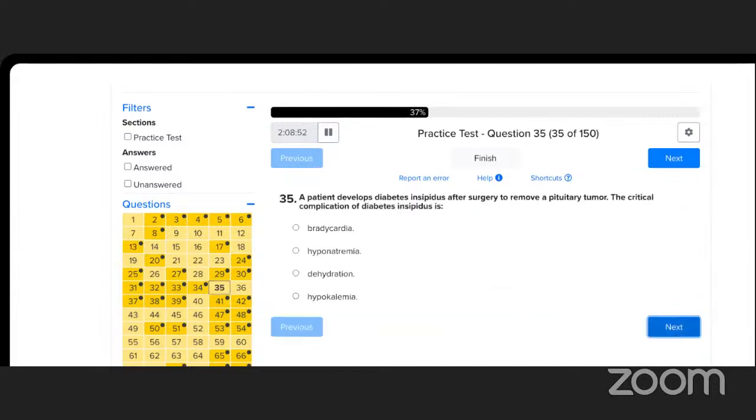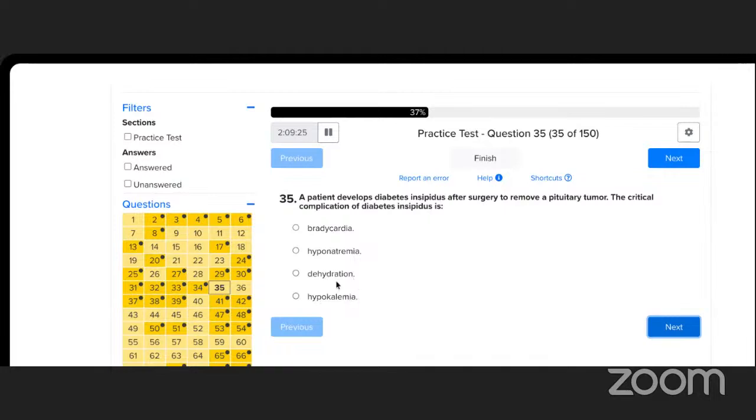Okay, a patient developed diabetes insipidus after surgery to remove a pituitary tumor, which again is in the brain. What is the critical complication of diabetes insipidus? Is it bradycardia, which is low heart rate, hyponatremia, low sodium, dehydration, or hypokalemia?